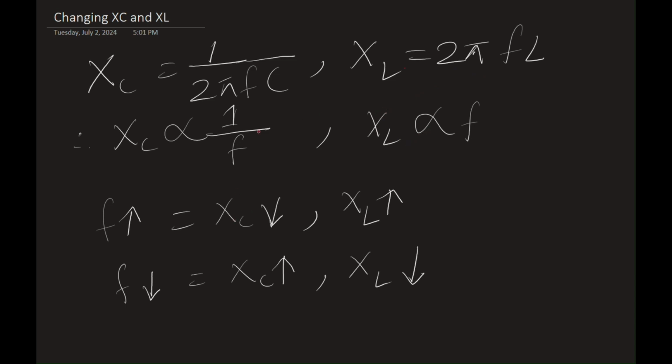Now what this means is if we increase frequency, capacitive reactance XC will go down and inductive reactance XL will increase. Again, if we decrease frequency, capacitive reactance will increase, but inductive reactance will decrease. So it's obvious from this that XC and XL are affected by the change of frequency.